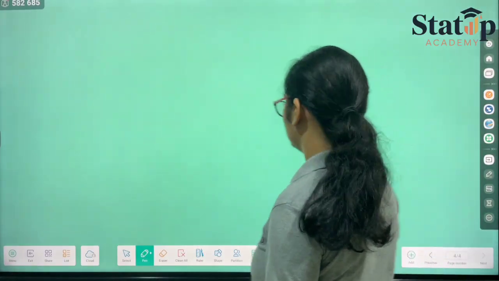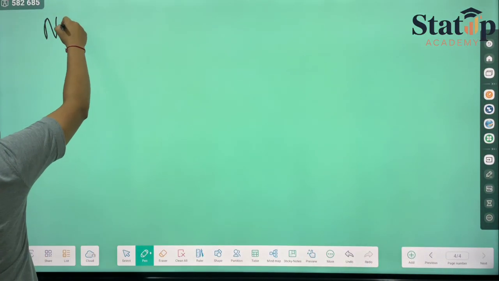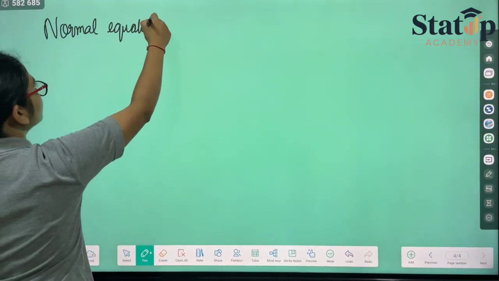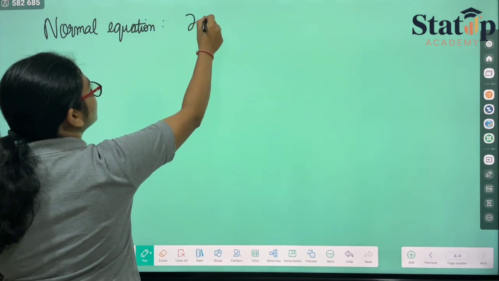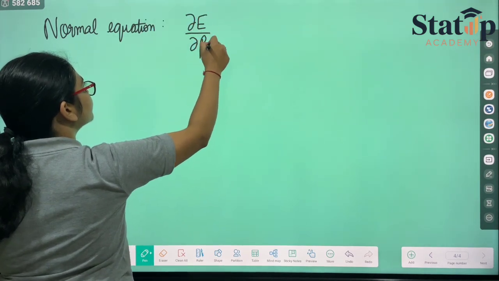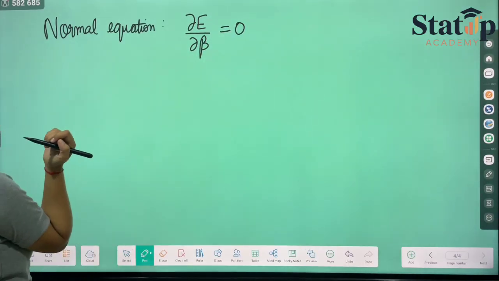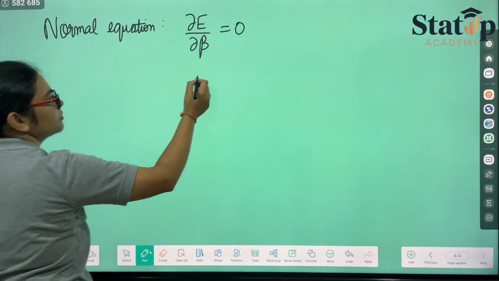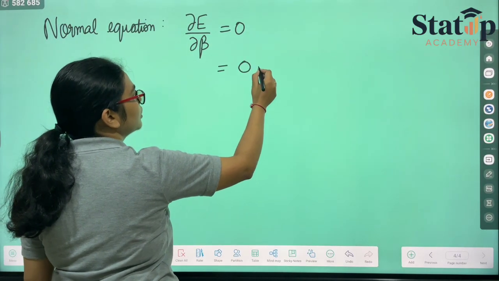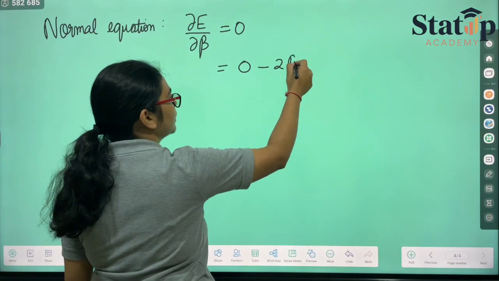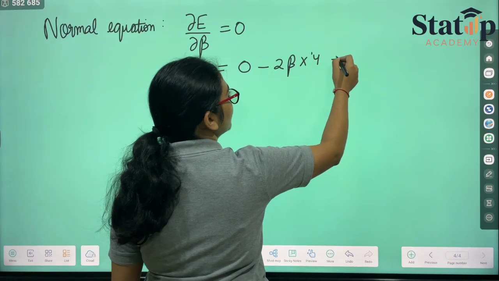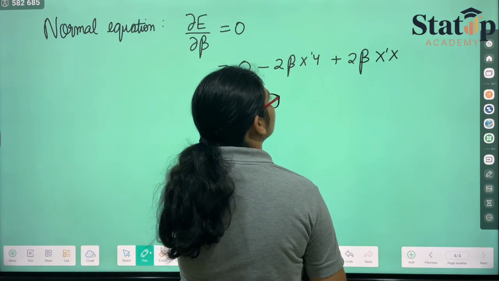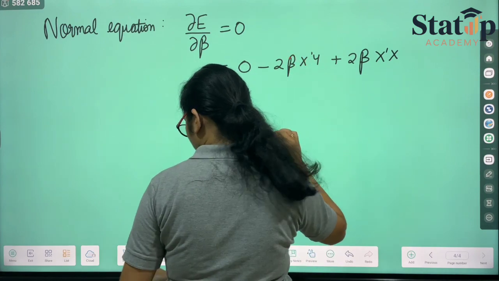Now again taking the normal equation, differentiating with respect to beta we will get 0 minus 2 x dash y plus 2 x dash x beta.